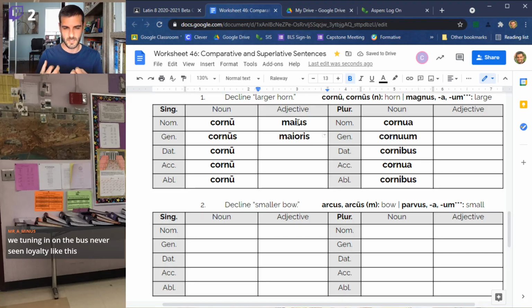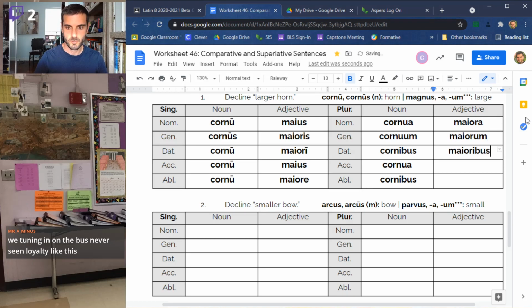We're going to keep that r. Then we're going to use our third declension endings. Maiori, maius, again, because it's neuter, so nominative and accusative are the same. And then maiora. Plural, maiora, because it's neuter. Maiorum, maioribus, maiora, and maioribus.